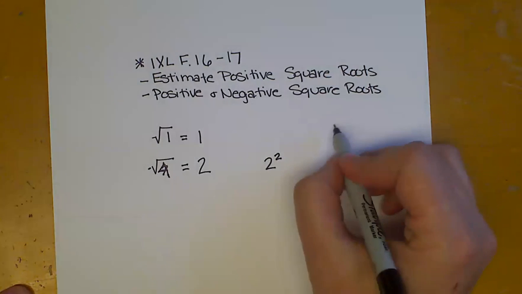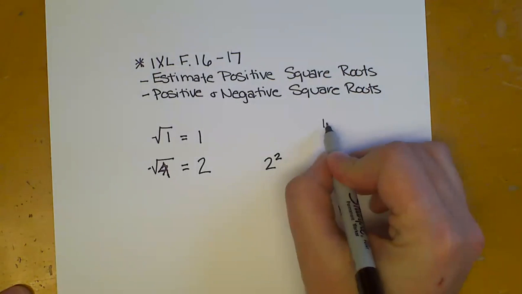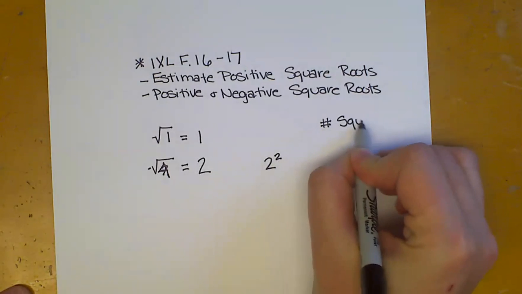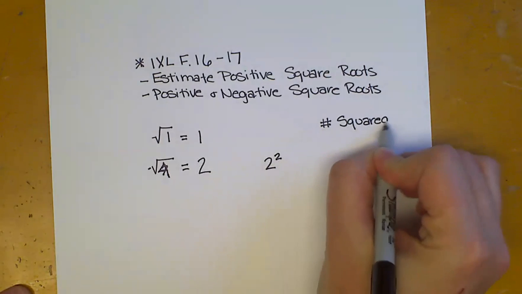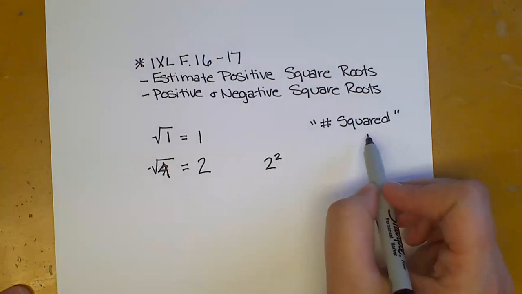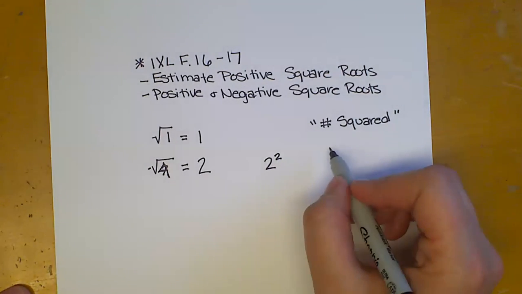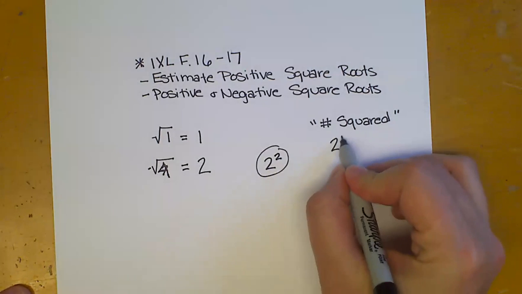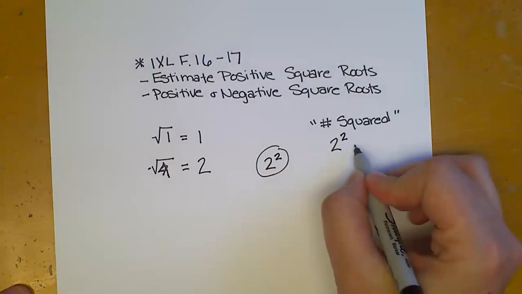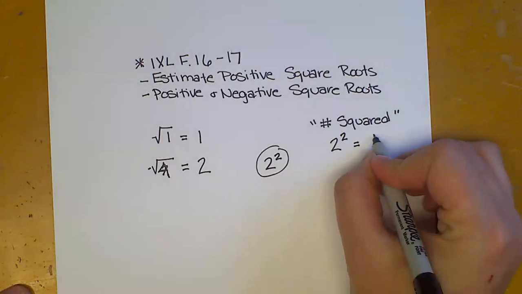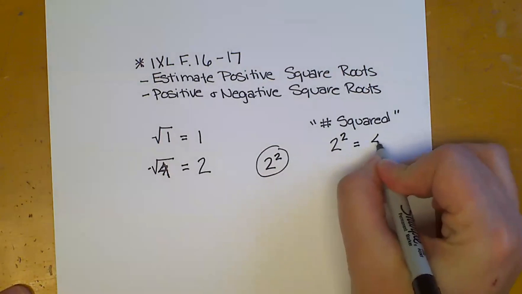So when we say a number squared, it's the same thing as saying it's to the second power. So like I just wrote here, 2 squared is the same thing as 2 times 2, which is 4.